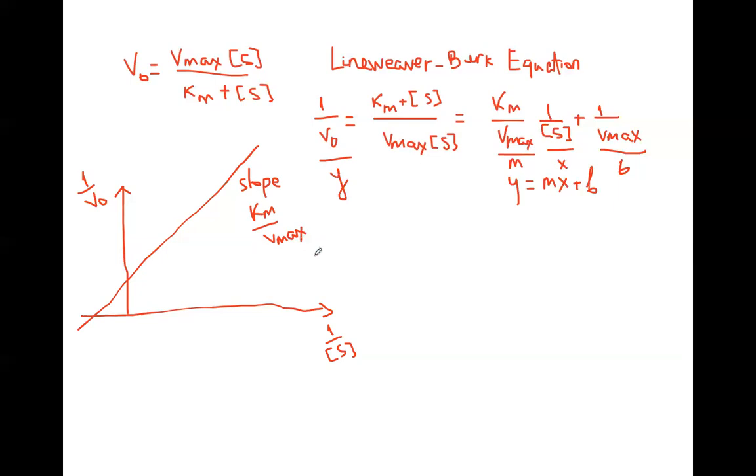One over Vmax. Perfect. And what's the x-intercept? Now this is a little harder. I'll give you a hint, it's negative.